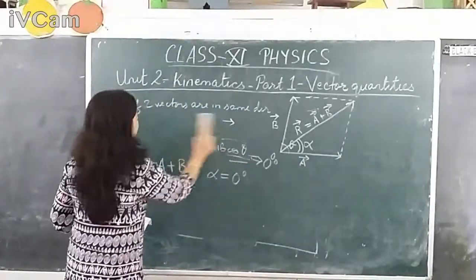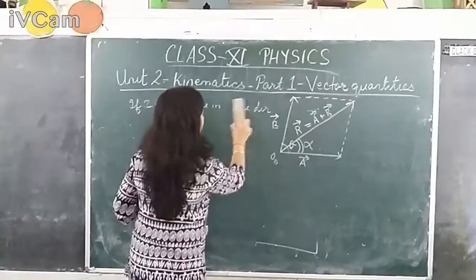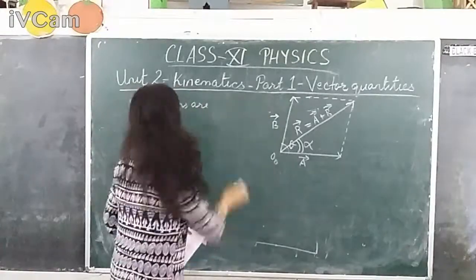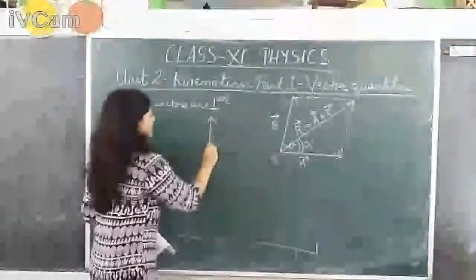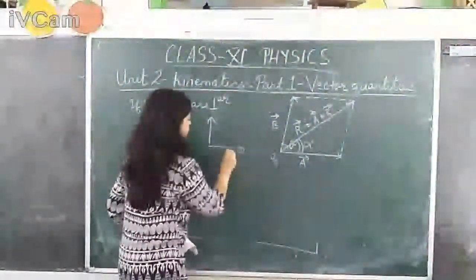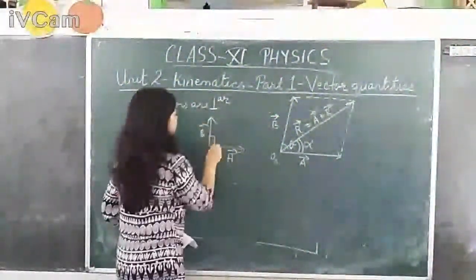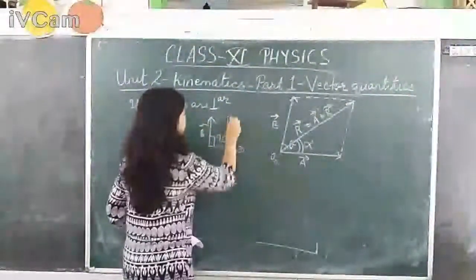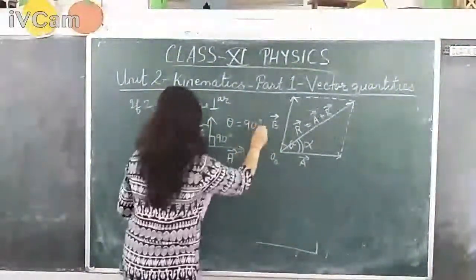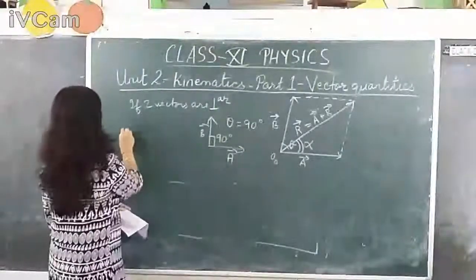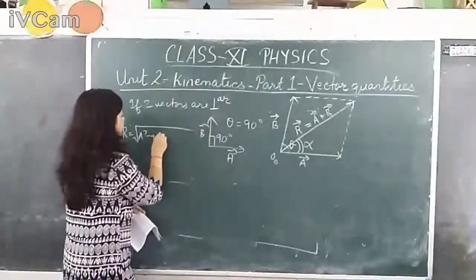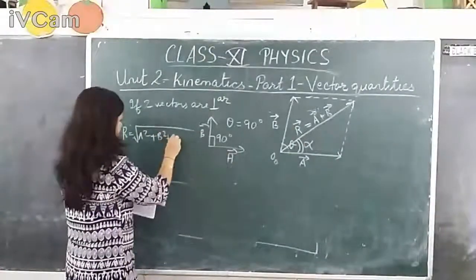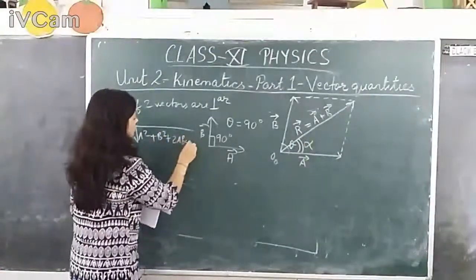Second case, if two vectors are perpendicular to each other, that means A and B make an angle equal to 90 degrees, and here θ will be equal to 90 degrees, then your R will be equal to √(A² + B² + 2AB cos 90).